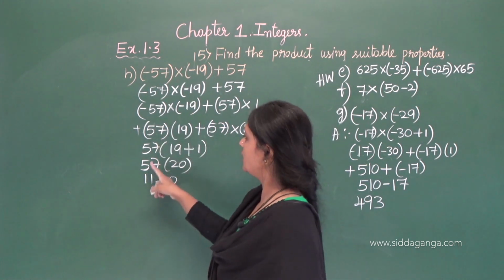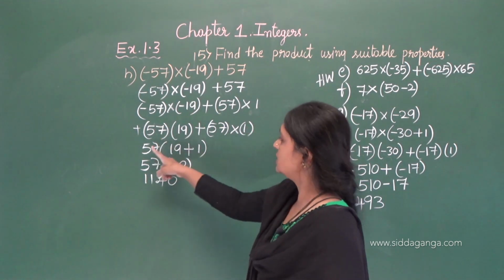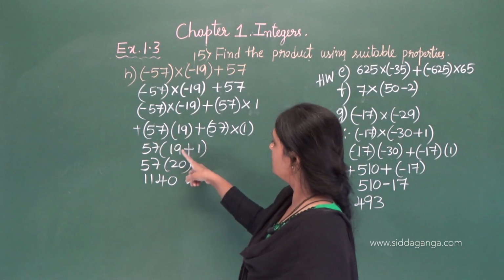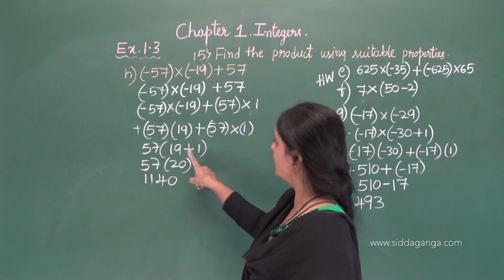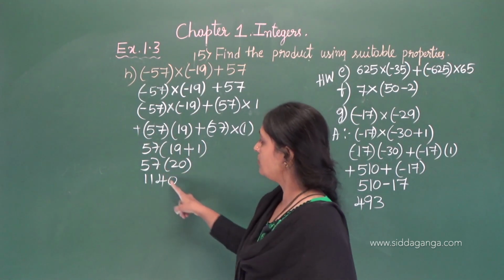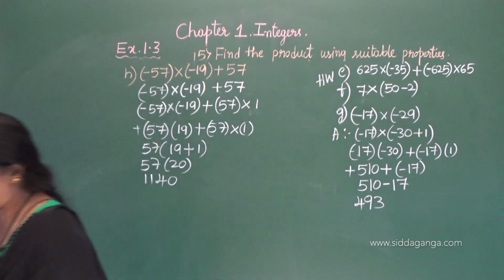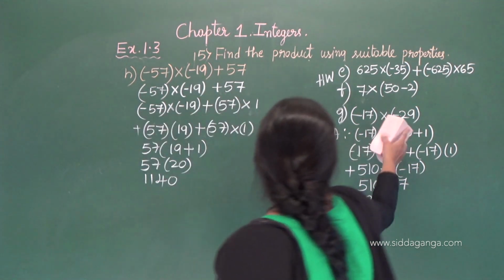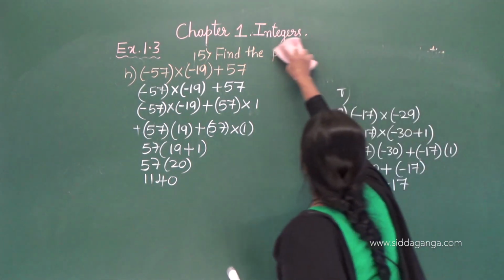From this we can take out 57, that is the common number. Then we get 19 plus 1, which is 20, multiply 57 with 20. Okay, let's move to the next one.